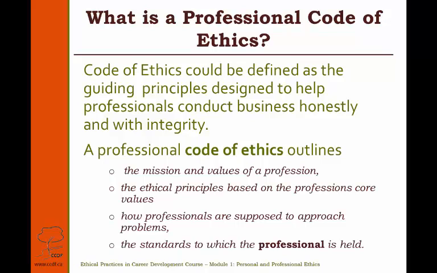They usually outline for us the mission and values of the profession, the ethical principles based on the profession's core values, how professionals are supposed to approach ethical problems, and the standards to which the professional person is held. We look to our professional code of ethics to help us decide on right conduct and to assist us with ethical decision-making.